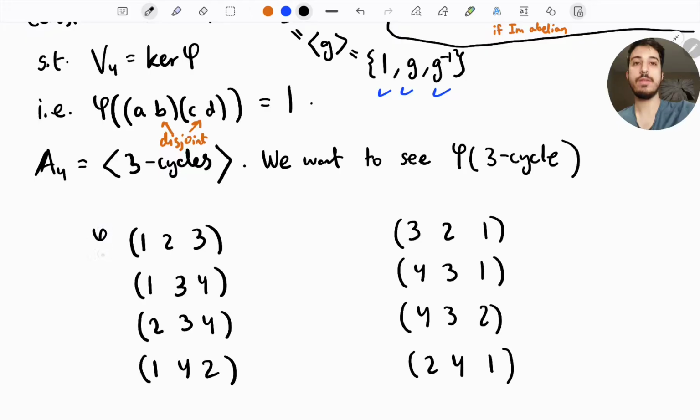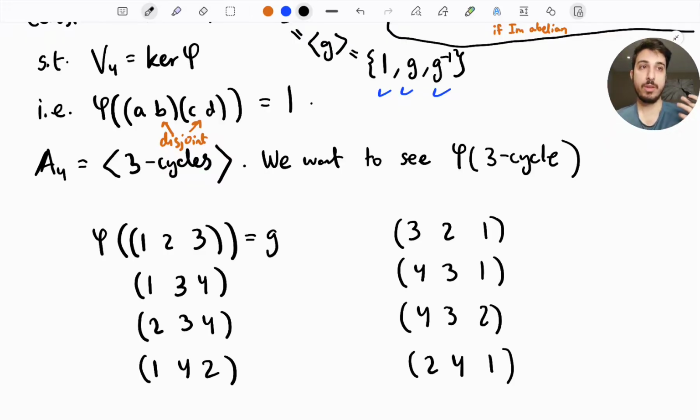So phi of the 3 cycle (1 2 3) is equal to g. Based on that choice, I want to know where phi sends each of the other 3 cycles. I can no longer assume it; I have to calculate it.